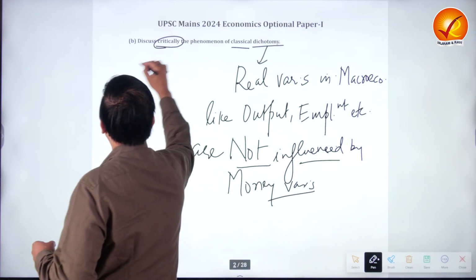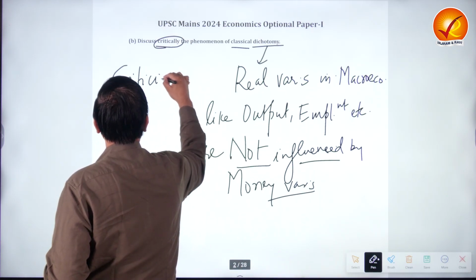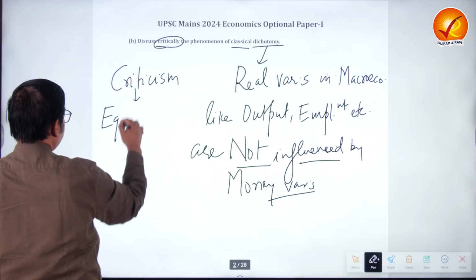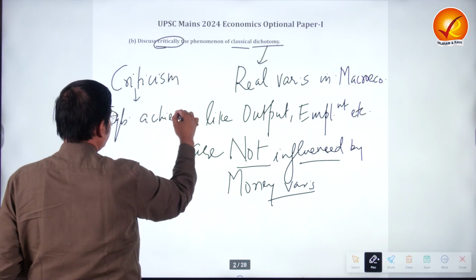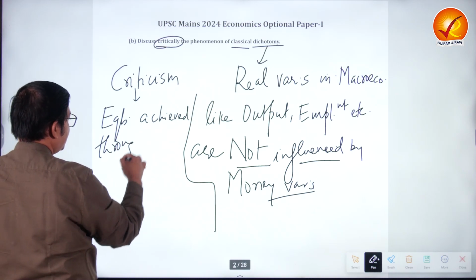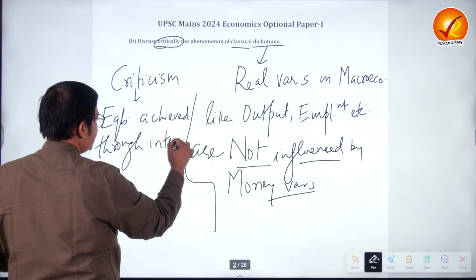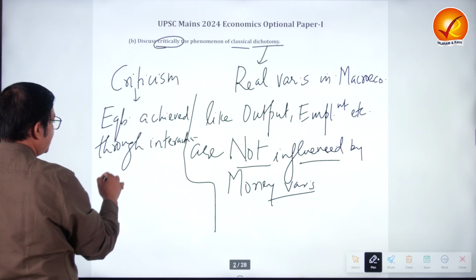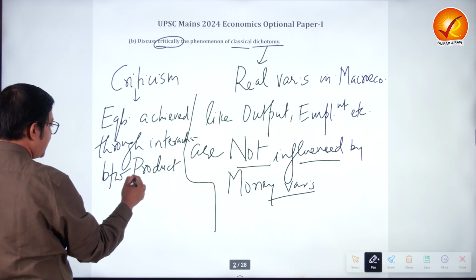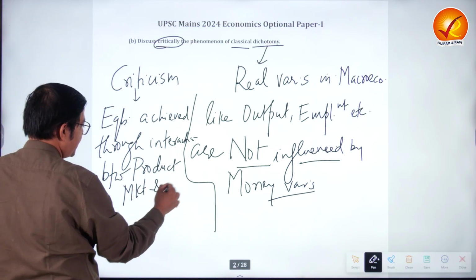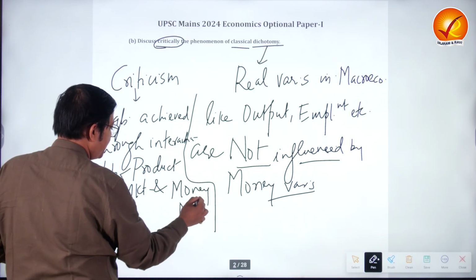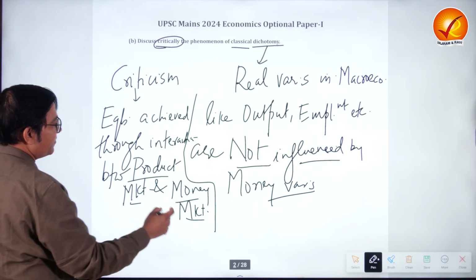That is why in the criticism you can talk about equilibrium being achieved through interaction between the product market and the money market. That is most clearly given by the ISLM framework.